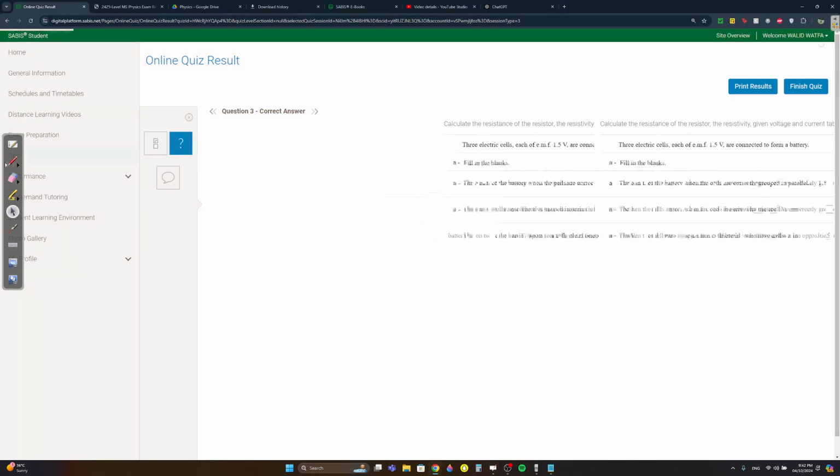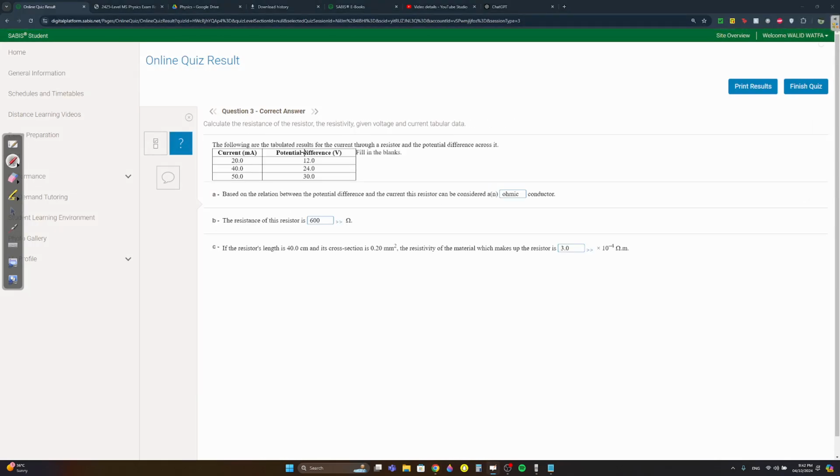Question 3. Okay, here they gave us a table for the current and the potential difference. And then they're saying based on the relation between the potential difference and the current, this resistor can be considered a what conductor. أكيد يعني it's obviously ohmic. There's no other يعني solution. Because if you look at the ratio, you know that R is equal to V over I. If R is constant throughout all the values, that means it's considered an ohmic conductor.